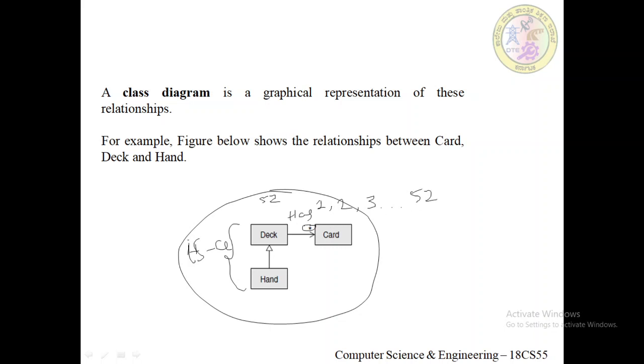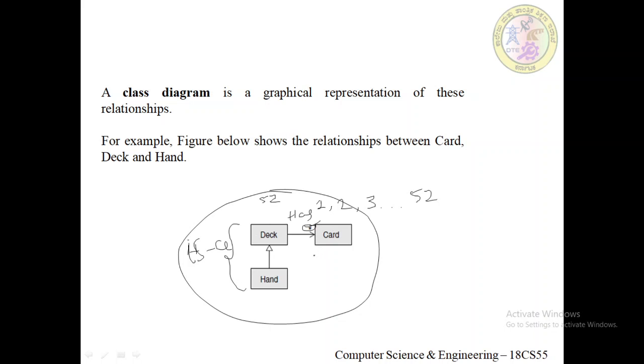I can specify these numbers here instead of the star, or the star says that it can have any number of cards. If you specify 1, it says the deck has one card object. If you specify 52, it shows that the deck has 52 cards.